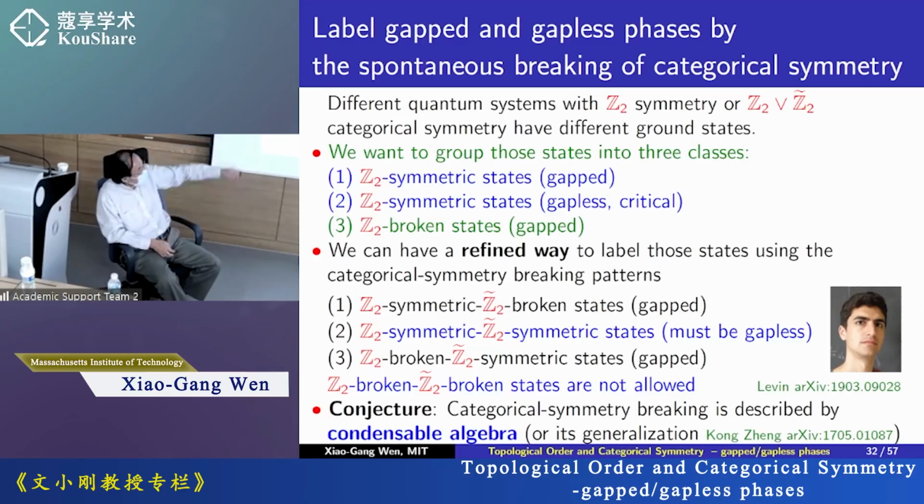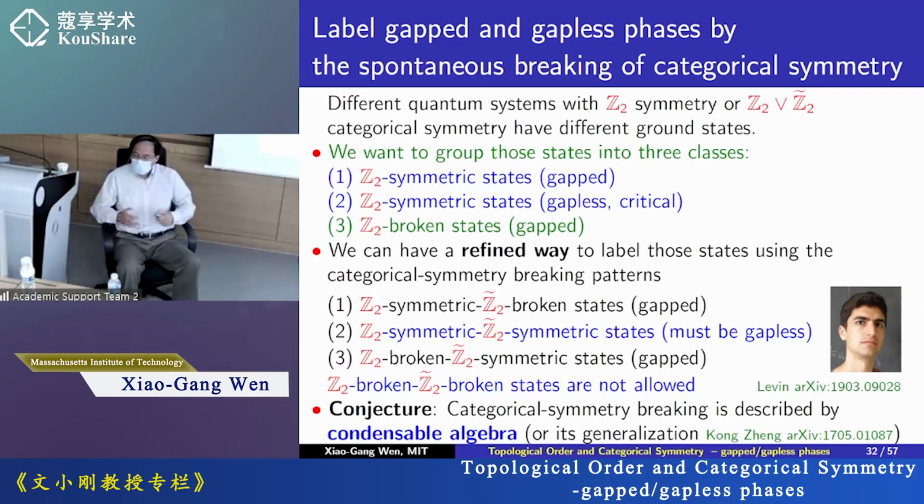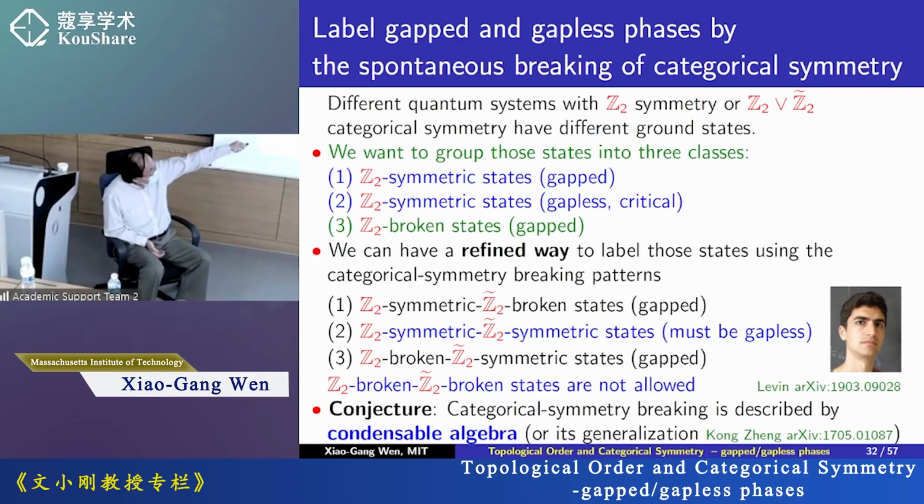However, if you use categorical symmetry, then the gapped state is Z2 symmetric, Z2 tilde breaking, but the critical state is actually both symmetric, and the other one is Z2 breaking and Z2 tilde symmetric. So basically there's a one-to-one correspondence, but in the new label we break the degeneracy, so these two states are different.